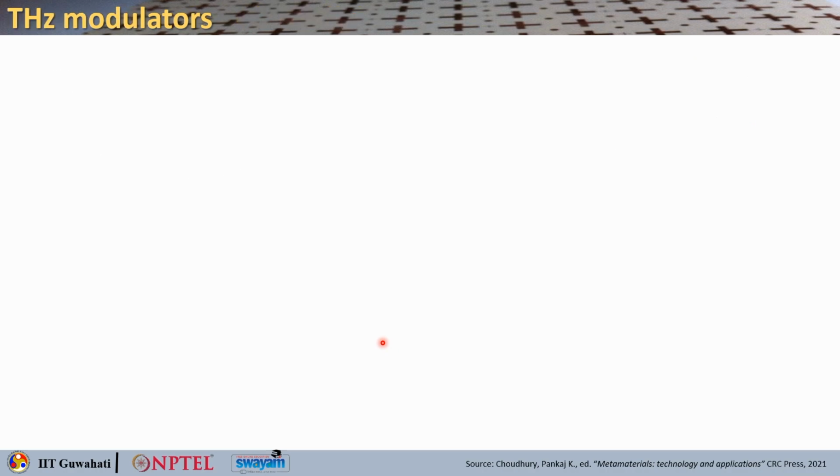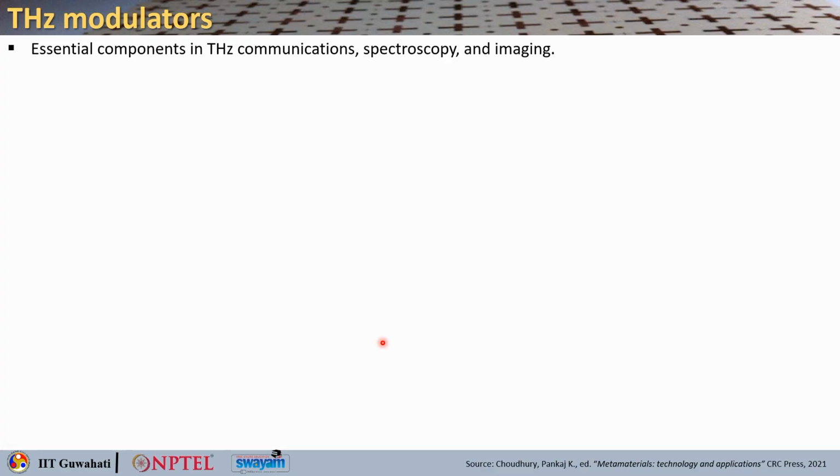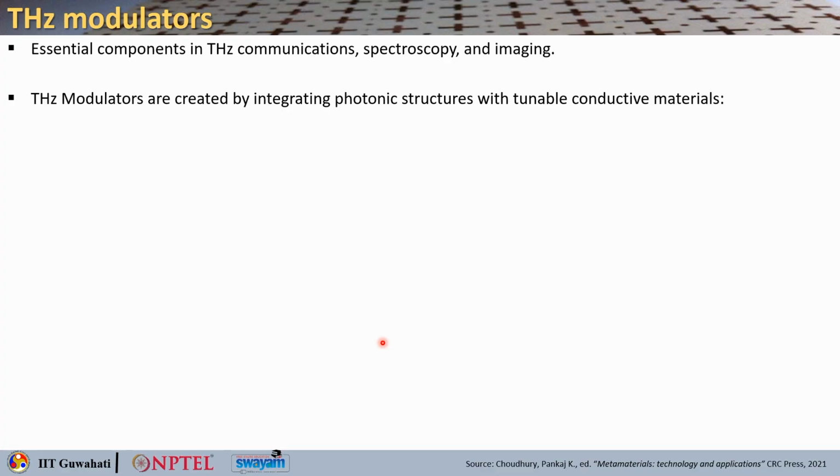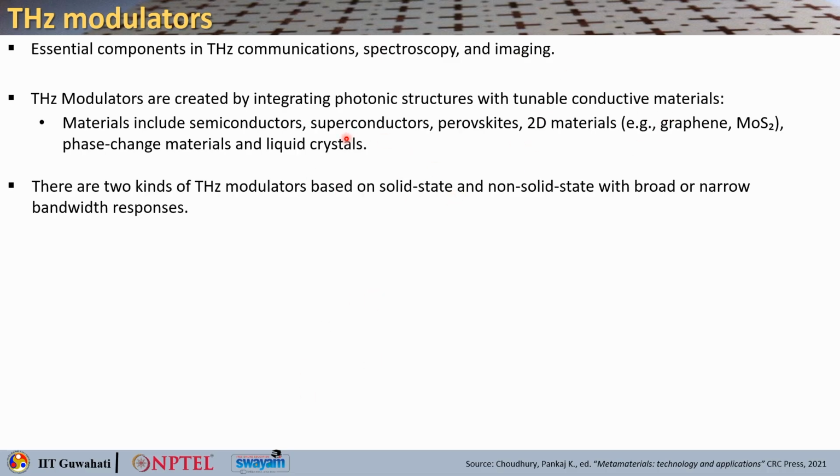Next, we will move on to terahertz modulators. Terahertz modulators are essential components in terahertz communications, spectroscopy and imaging. The modulators can be created by integrating photonic structures with tunable conductive materials such as semiconductors, superconductors, perovskites, 2D materials such as graphene and MoS2, phase change materials like VO2, and liquid crystals.